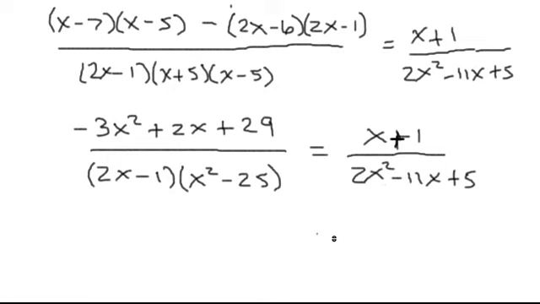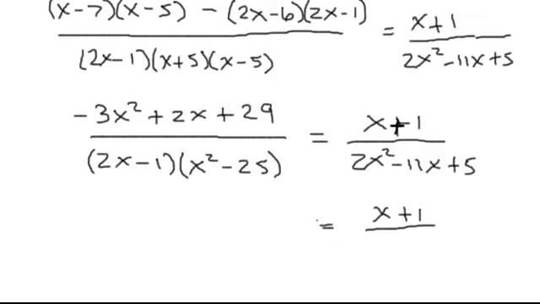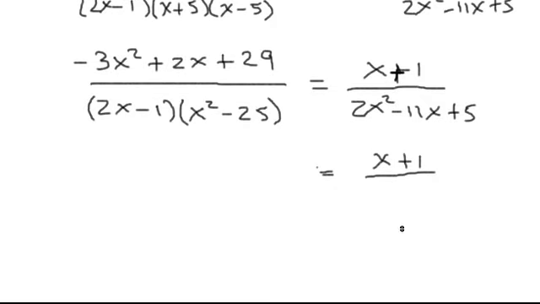Let me factor this and see what we get here. X plus 1 over, because that could help out a little bit. Let's see if this thing factors any. I got a feeling it's going to. Hopefully there's an x plus 5 in here somewhere.